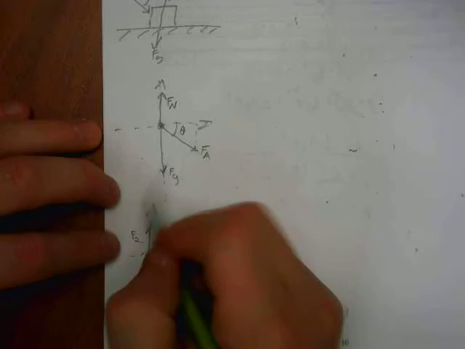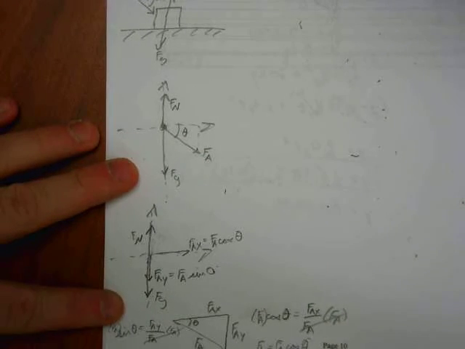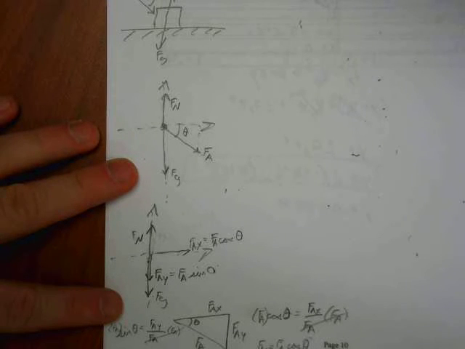Sorry, please forgive me. And this is Fn. I didn't draw this vector smaller for any purpose other than to be able to see it. It could in fact be larger than Fg in magnitude.